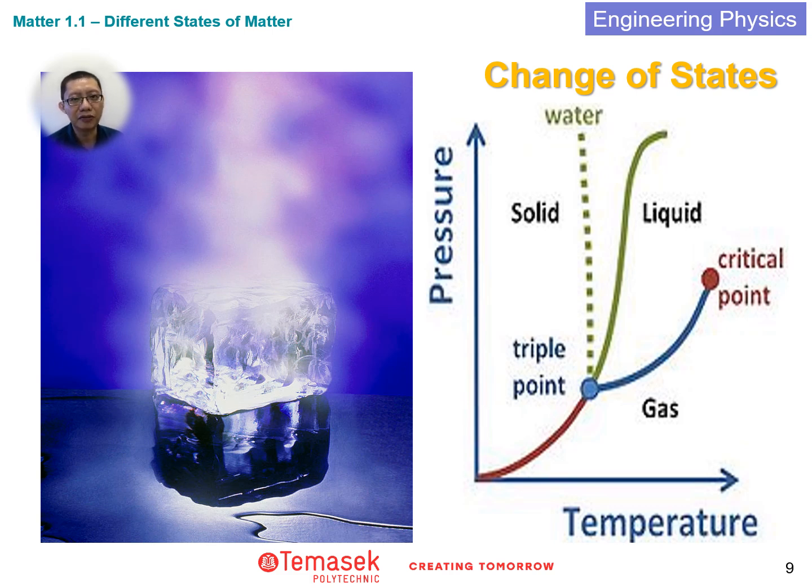The green curve represents the transition from solid to liquid, known as melting. The blue curve shows the transition from liquid to gas, known as vaporization. Notice the triple point, where solid, liquid, and gas can coexist at specific conditions of temperature and pressure.